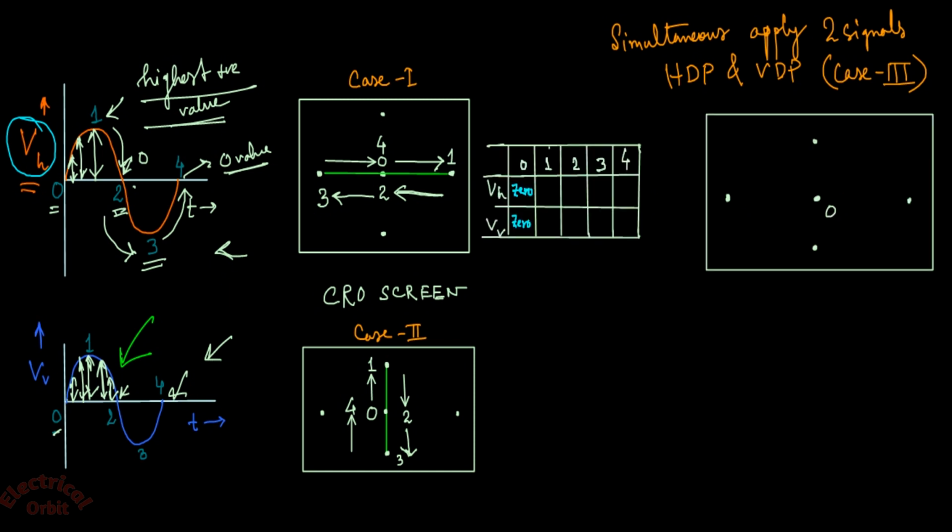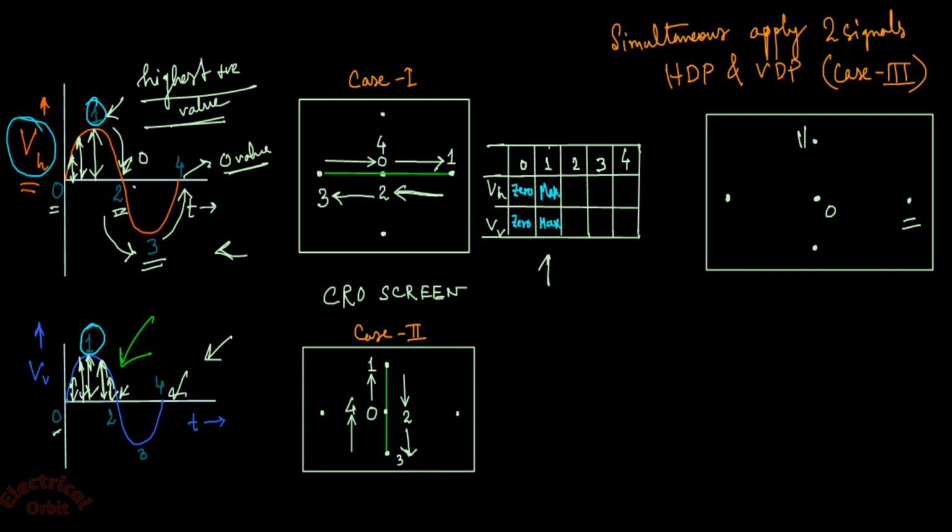Now when we are moving towards position 1 in both the horizontal and vertical deflecting plates, here I am making a chart for your convenience. At the 0 position both VH and VV are 0, so this is 0. Now at position 1 VH is max and VV is also max, that is, at the maximum value. So on the CRO screen, the maximum point for the positive value of the horizontal signal is this and for the vertical signal is this.